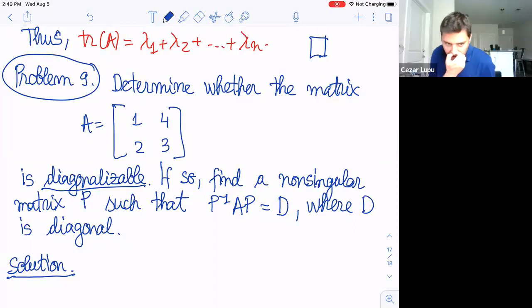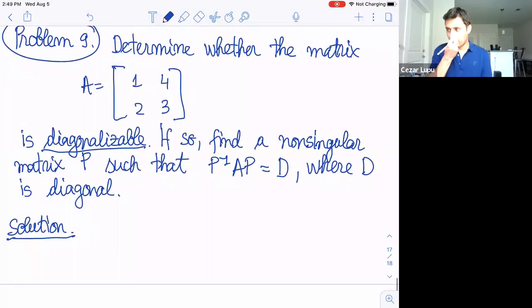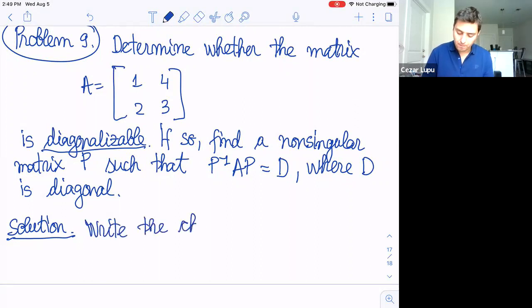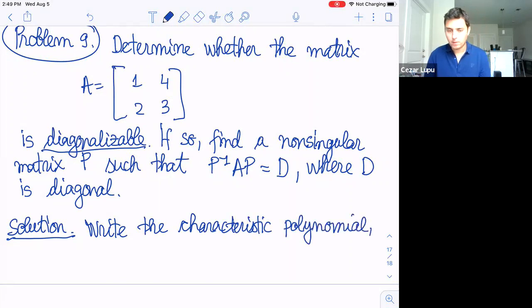So let's see, what are the eigenvalues? Did you compute them? So first of all, we need to write the characteristic polynomial of A. You got -1 and 5.